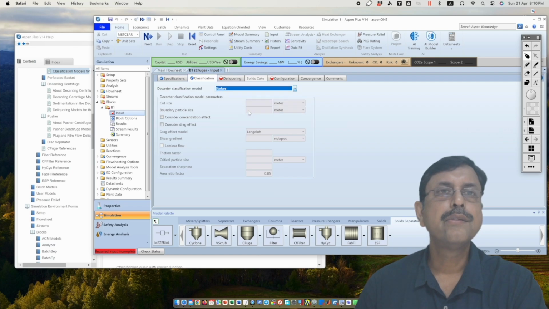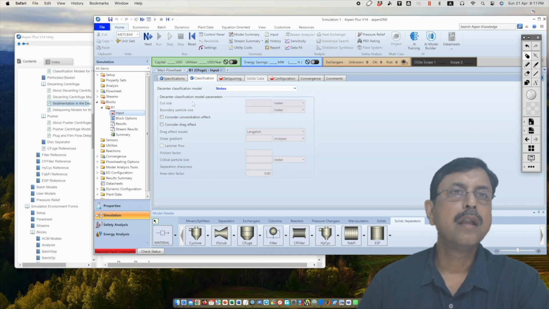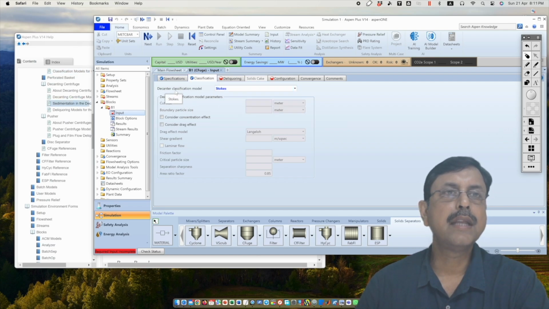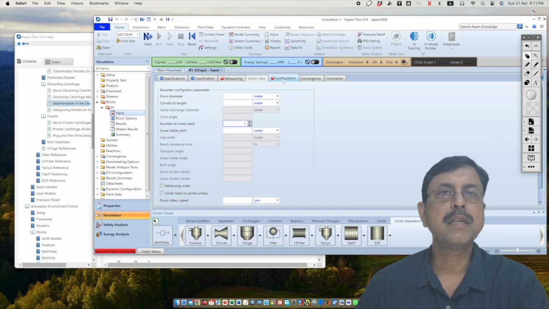Similarly, Stokes. Now, the moment you choose the decanter classification model as Stokes, the configuration tab is open, where you have to provide various information about the decanter configuration, like the drum diameter, the cylindrical length, the screw blade pitch.